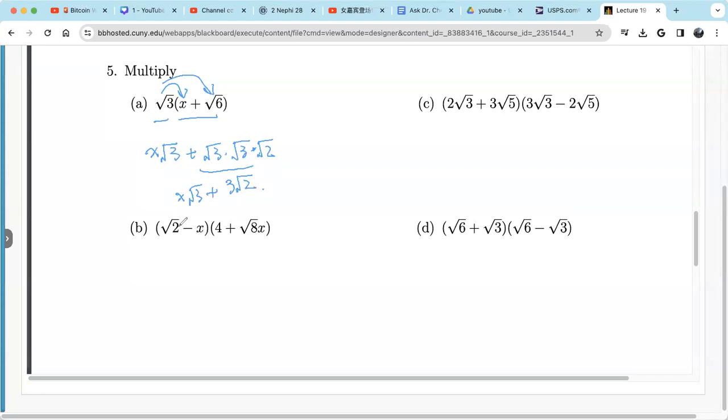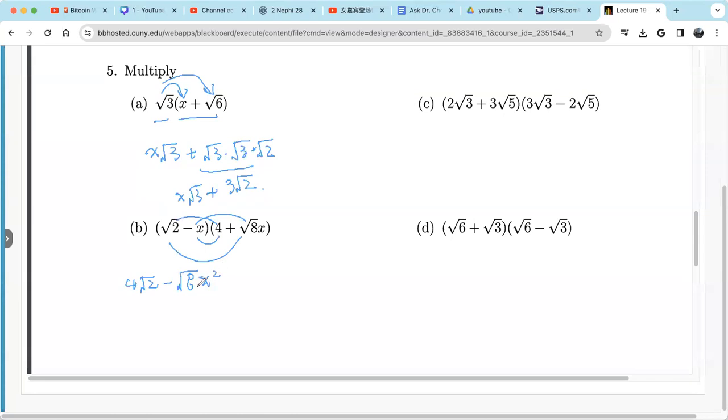For B, we have a binomial. So we multiply first with first, second with second, second with first, first with second. Right? Square root 2 times 4, we get 4 radical 2. Negative x times square root of 8x, negative square root of 8x squared.